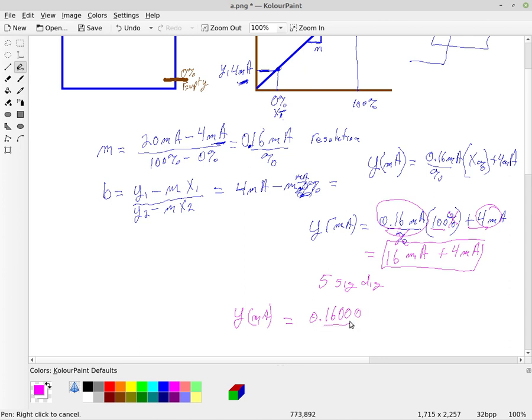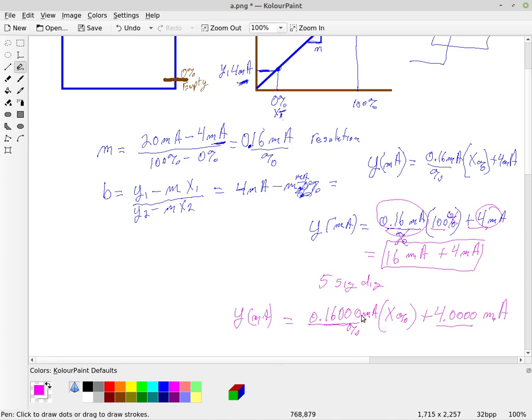That's 5 digits right there. Milliamperes divided by percentage times X, which is a percentage, plus 4.0000 milliamperes. That is the 5 digits.